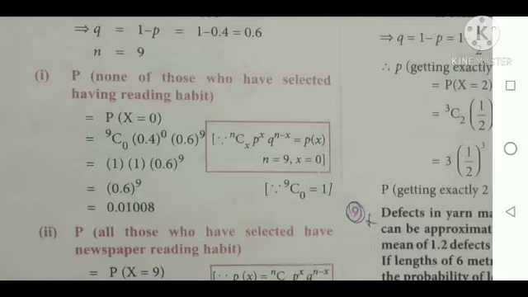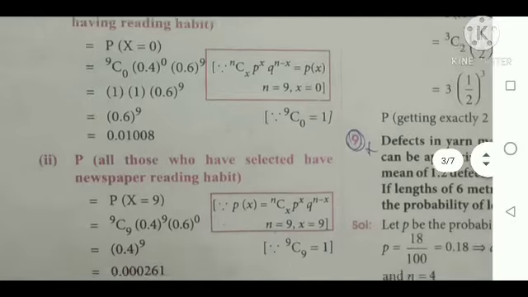So P of x equal to 0 means 9C0 p power 0 and q power 9, because n equal to 9 here. Therefore, 0.01008 is the probability that none of those selected have reading habit.